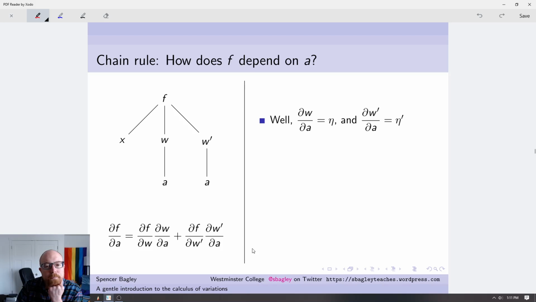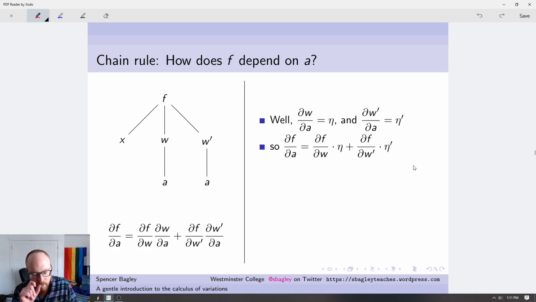All right. And then, well, okay. So since w was y plus a times eta, that means that the partial of w with respect to a is going to be eta. And similarly, the partial of w prime is going to be eta prime. So we can throw those into this here, and here's what we get. And then we were really interested when a equals 0.